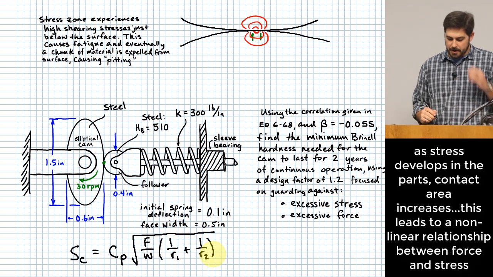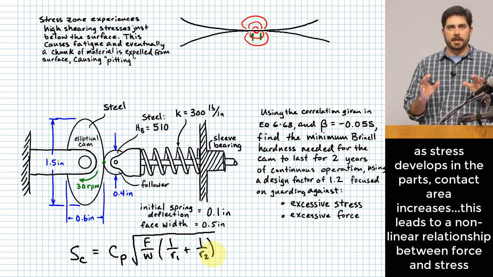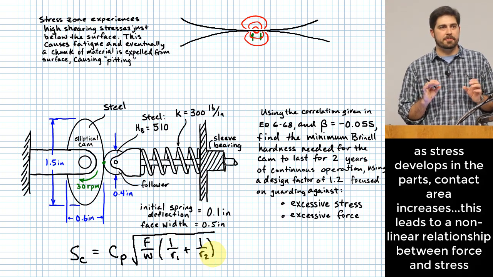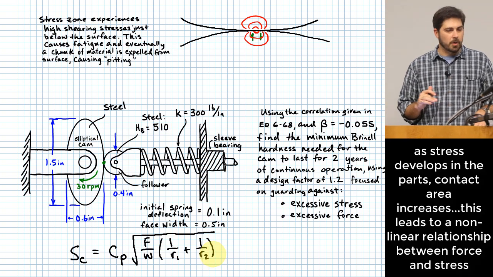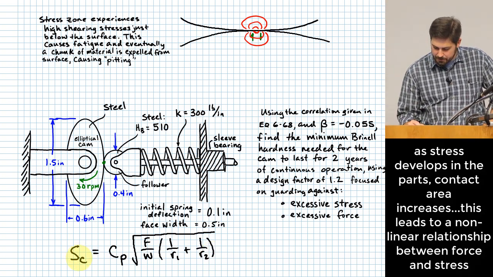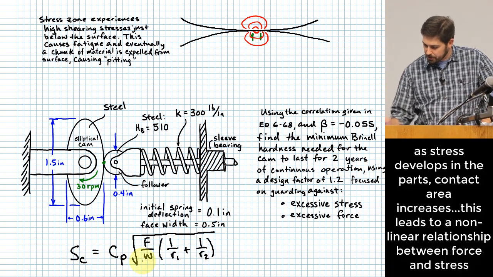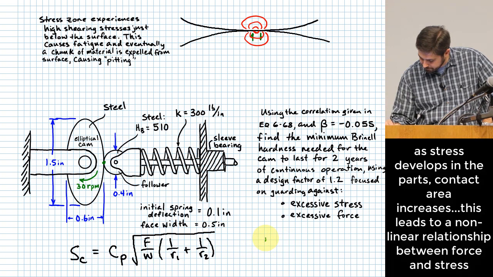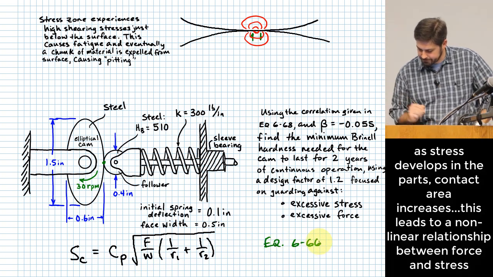I don't particularly love the notation that they use in this section. But basically what this is doing is you are calculating a stress over here for S sub C, and you're doing it based on the equation over here to the right. This is, again, equation 666.